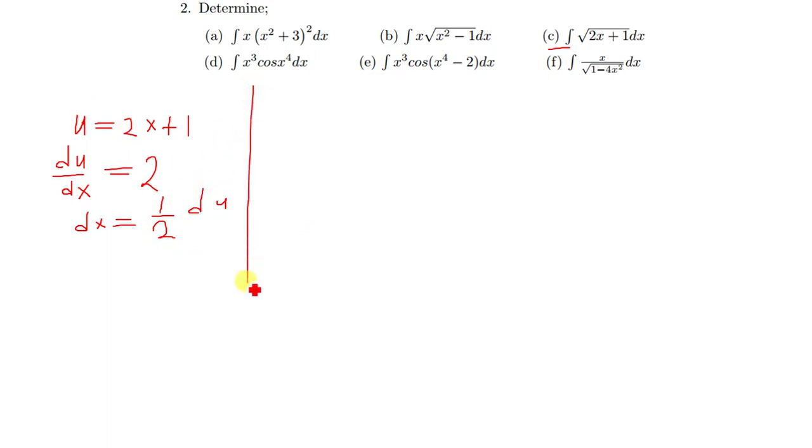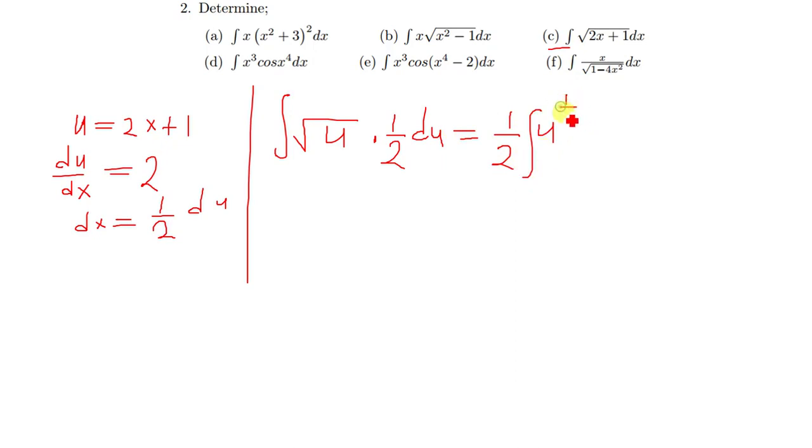And then we can now replace our u in the expression. So we're going to have u, and then while there's dx, we put 1 over 2, so times 1 over 2 du, which can also be written as 1 over 2, and then the root of u can be written as u to the power half, and then du, like that.